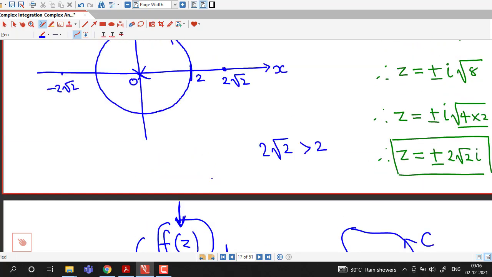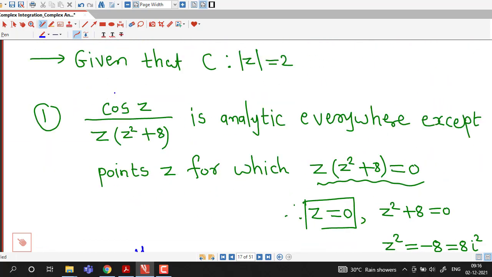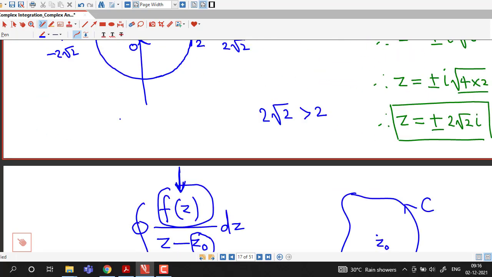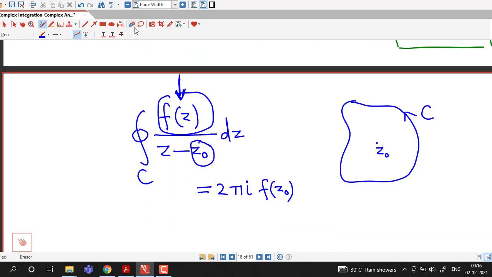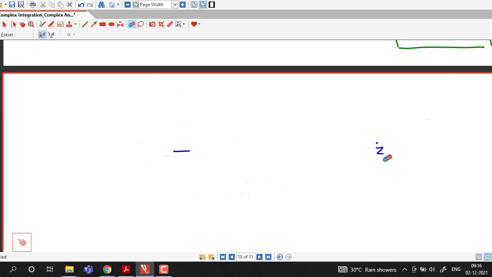So here we can use this Cauchy integral formula. For that we have to observe the function cos z over z times (z square plus 8). We will first try to write that function in this form, and then decide what we should consider as z0 and what our function f of z will be.